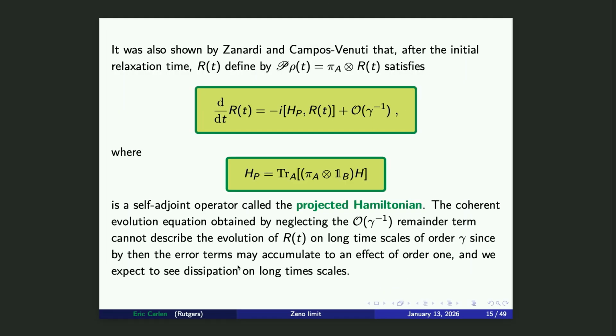Now, what about the evolution? What these people proved was that this R of t satisfies this equation. This is a coherent evolution. This is a minus i times the commutator with this H_P, which is the so-called projected Hamiltonian. It's a self-adjoint reduced operator of the H. And so you've got this coherent evolution for times up to order gamma.